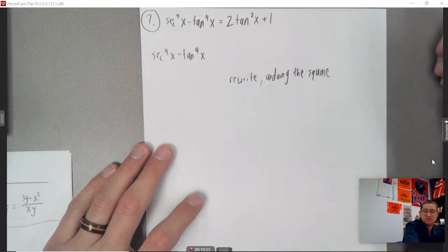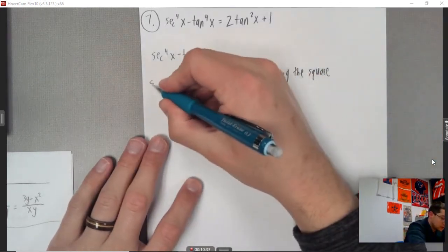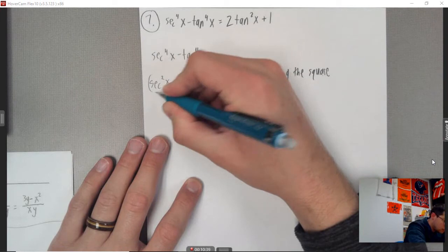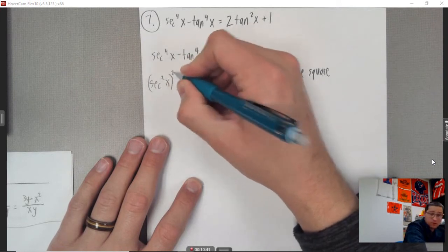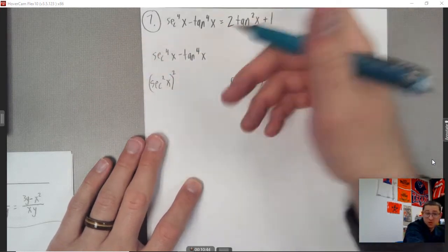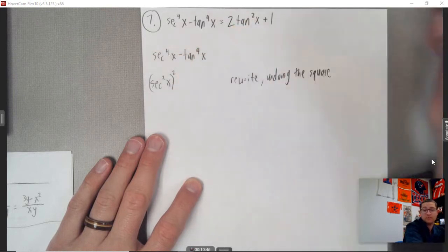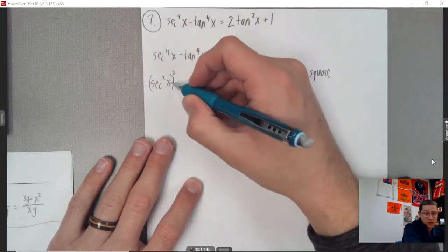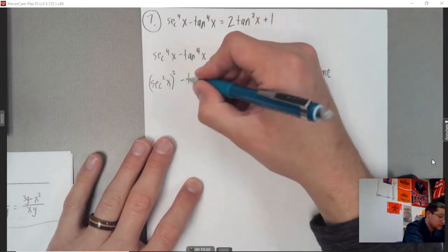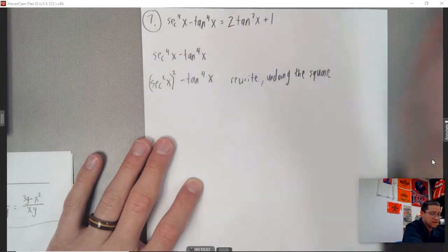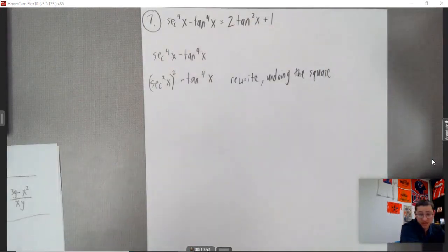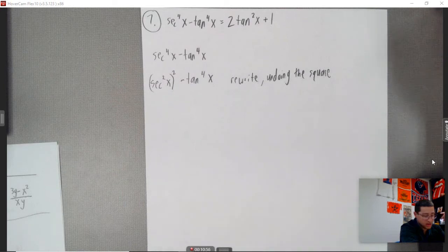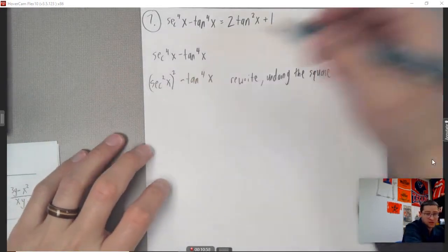Square root, maybe, something like that. So, anyways, secant squared, but all of that squared, because secant squared times secant squared is going to get you secant to the fourth. So I've got secant squared squared, and then minus tangent to the fourth of x. We're going to keep that for now. We want to keep some of the tangents. We don't want to completely get rid of everything. For now, we're going to focus on this.